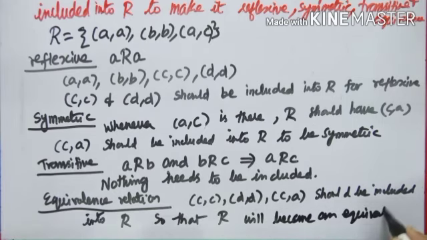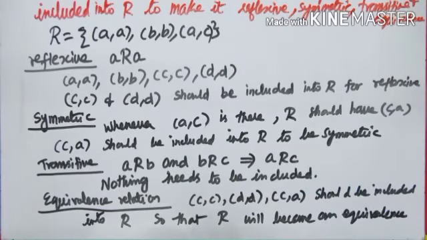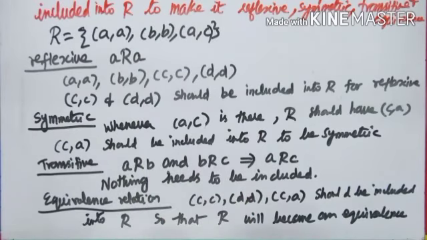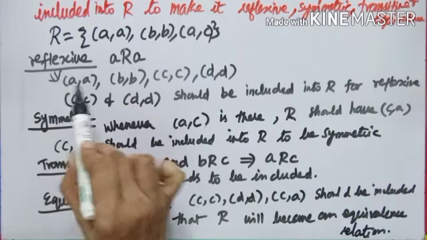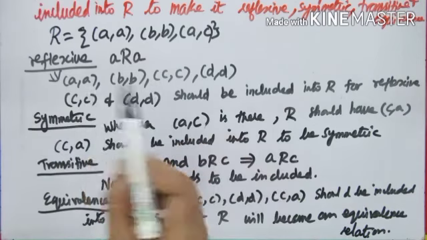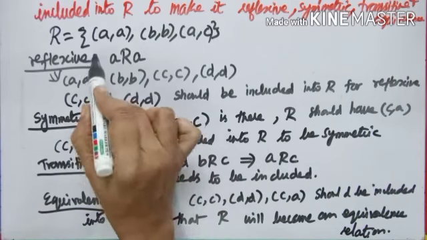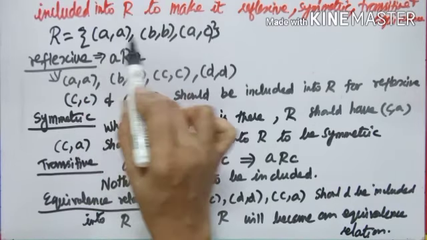So the question asks for the minimum number of pairs, not all, not maximum, minimum. So 1 or 2 only, which I have to think and include. So reflexive implies I should have all the 4 pairs AA, BB, CC, DD, A related to A. This is the idea of reflexive. So AA, BB are already given.